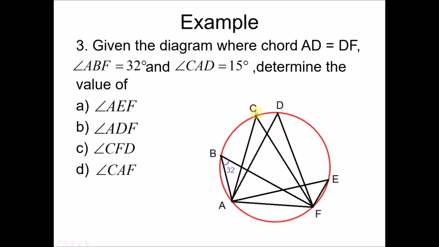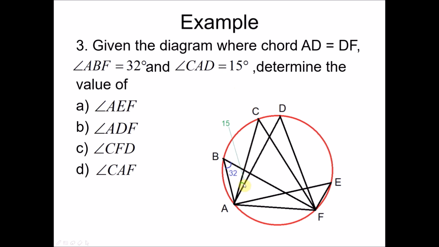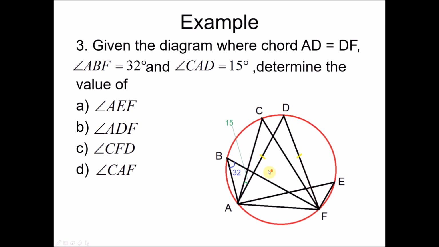Angle CAD, D is here, sorry, CAD is 15, so this here is 15. Determine the values of all these angles. Since chord AD equals DF, I note that down here. Now we are going to use this information and this diagram to find all these angles.